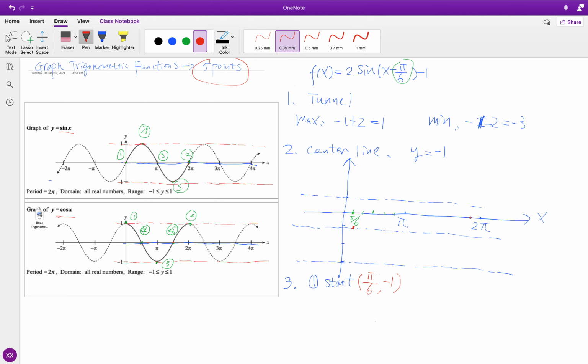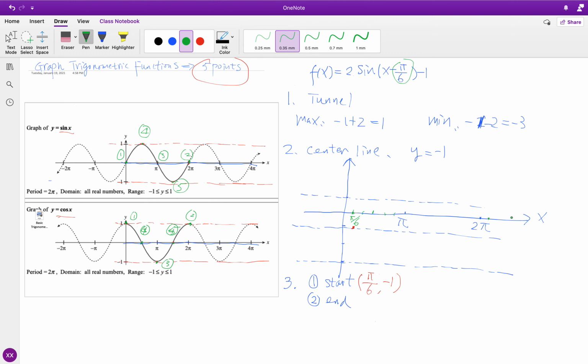Wonderful. Now, let's take a look at my end point, which is my second point. That is also very important. My end point means I shifted by pi over 6. Then from 2 pi here, I need to shift another pi over 6. So I can just sketch here.